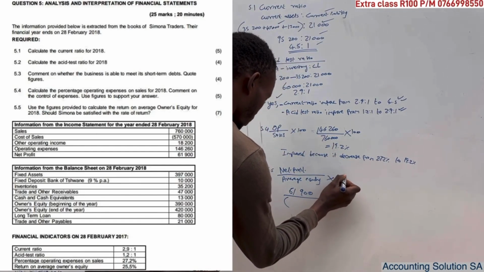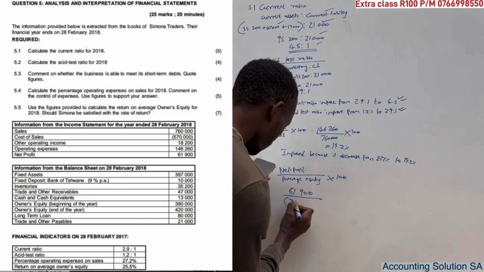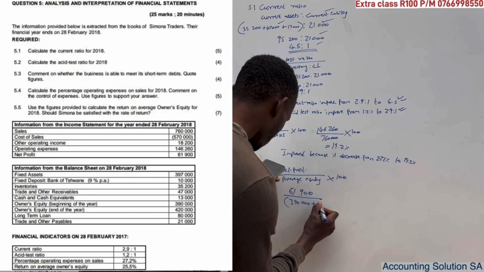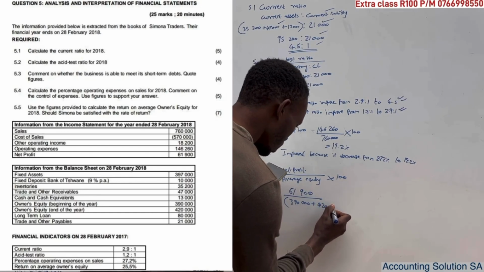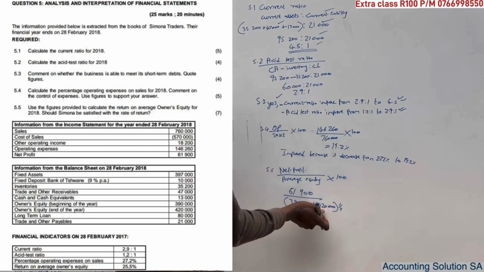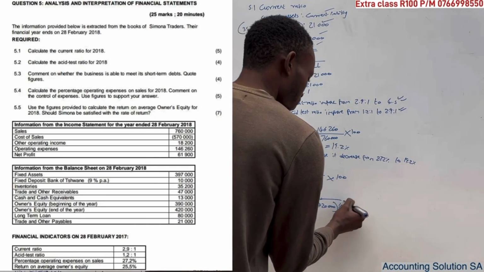Okay, last year at the beginning we have 390,000, which we have to add with 420,000, over 2. That simply means that we have to add these two and we divide by 2.